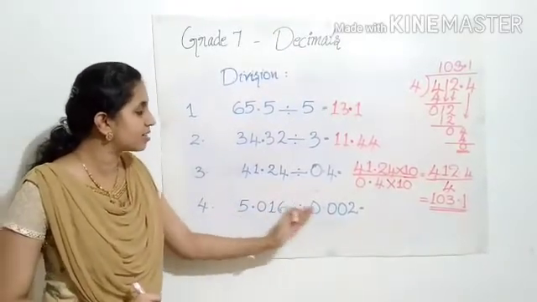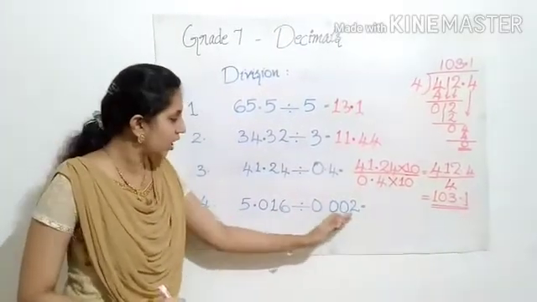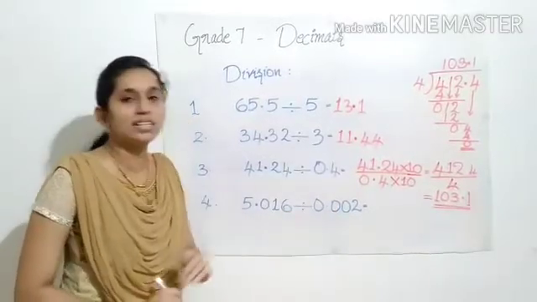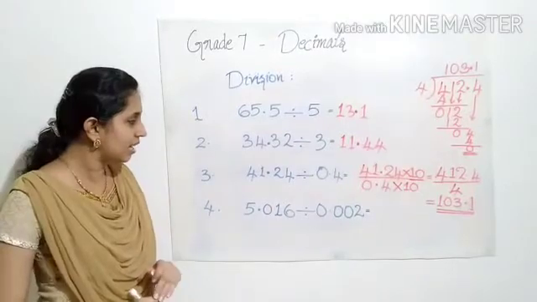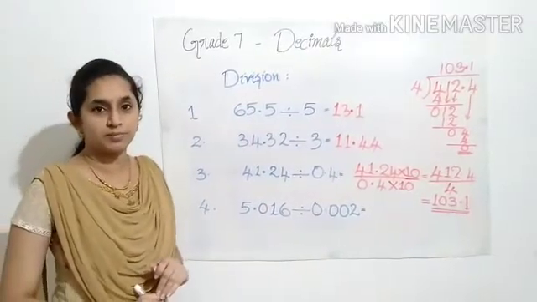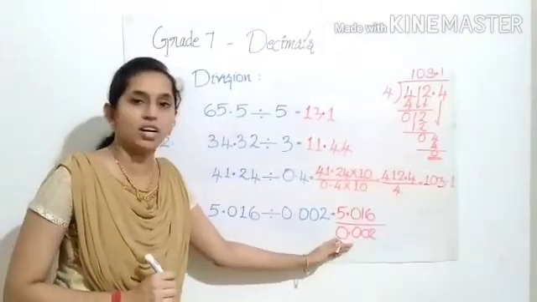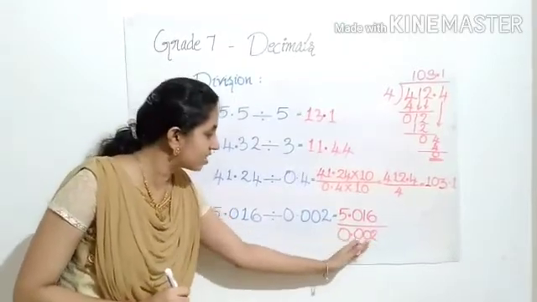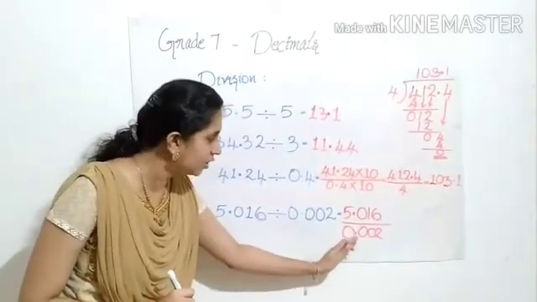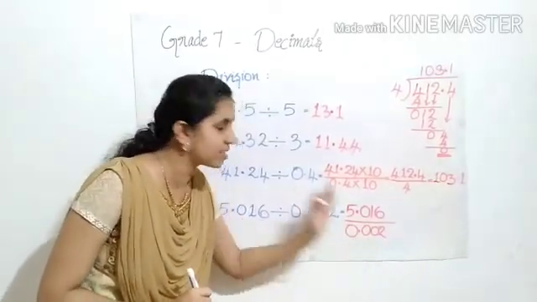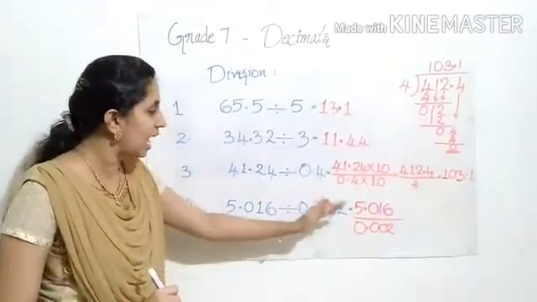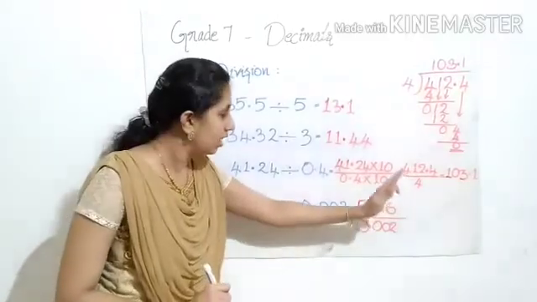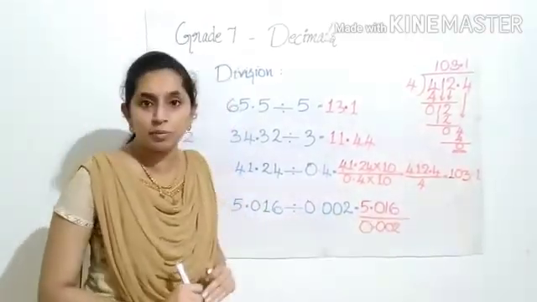5.016 divided by 0.002. Here also the divisor is a decimal number. We have to get rid of that decimal number. Let's see how we can do it. Here the divisor or denominator has 3 decimal places. After the dot you can see 3 places. 3 places means 3 zeros. 1000. Okay, we have to multiply 1000 in both denominator and numerator.